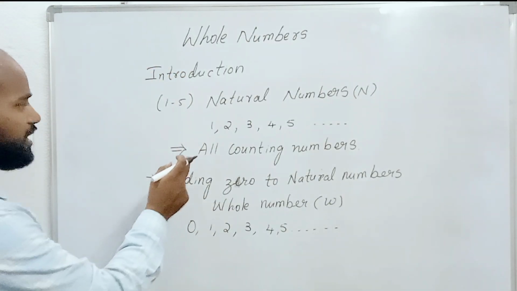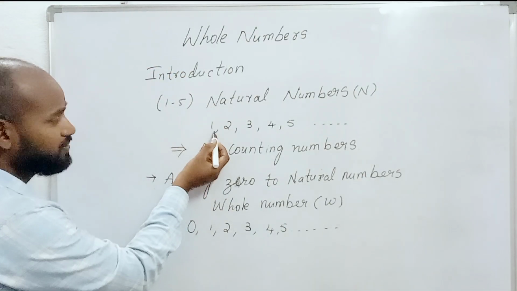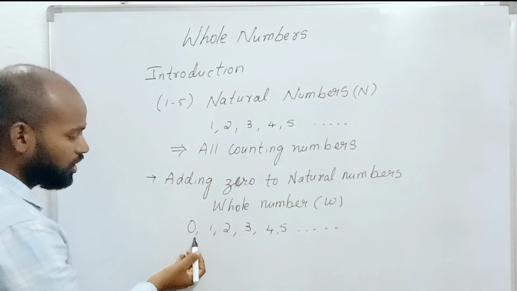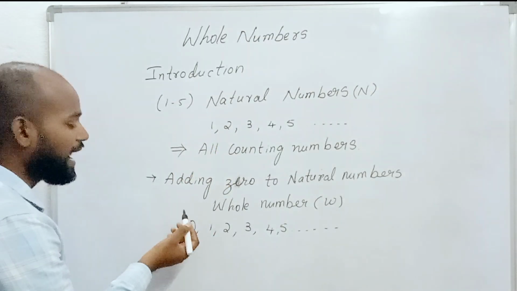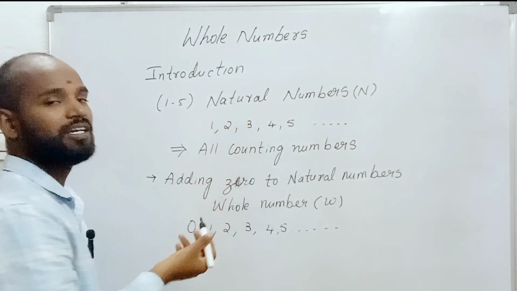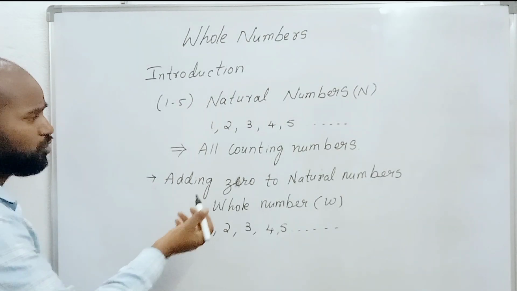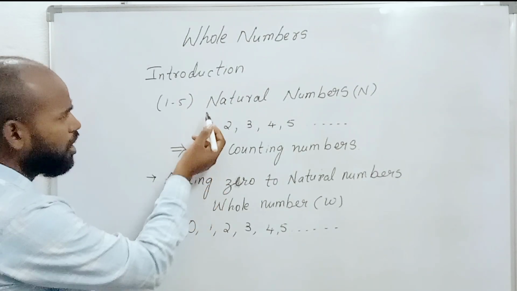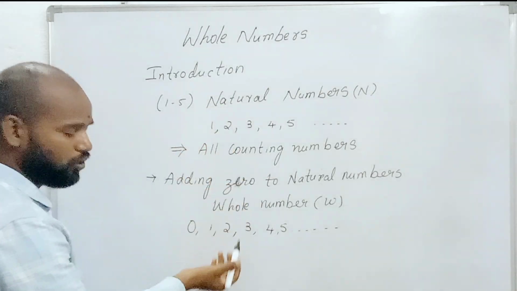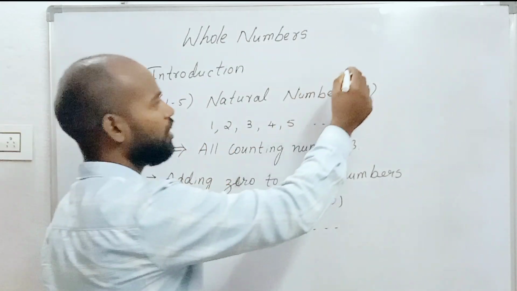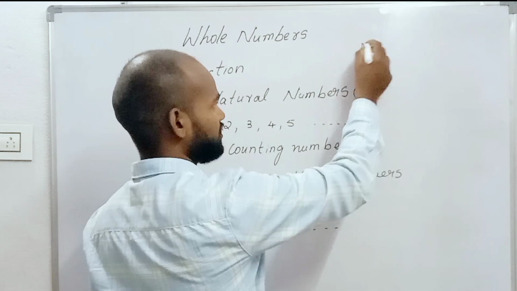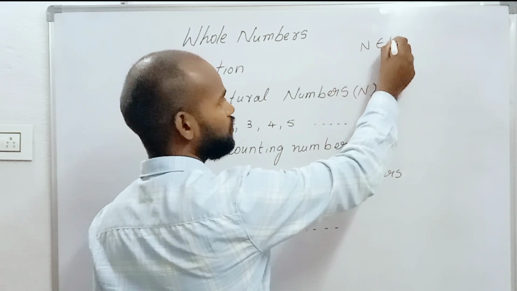See here, natural numbers start with 1, but whole numbers start with 0. We are adding 0 to the natural numbers, then we get the whole numbers, right? Now one more point: all natural numbers belong to whole numbers.